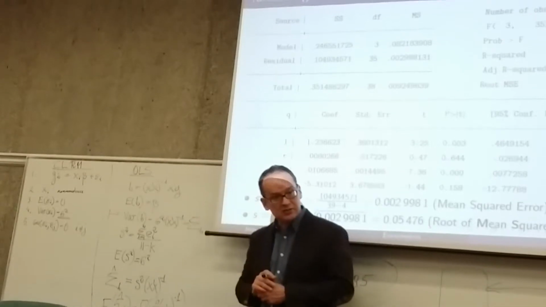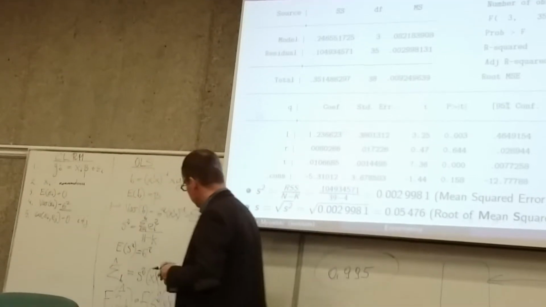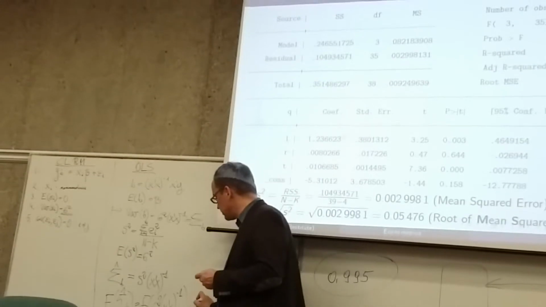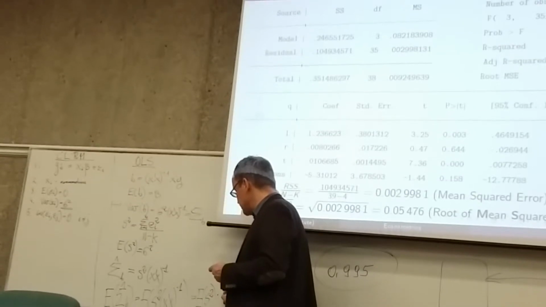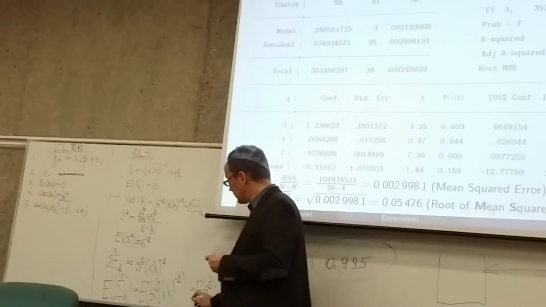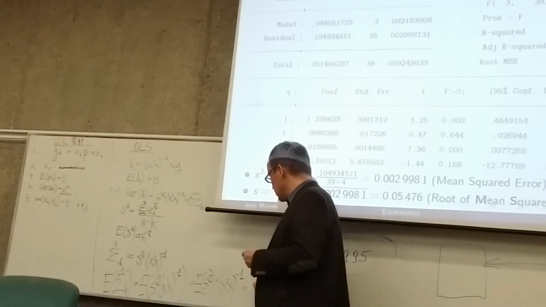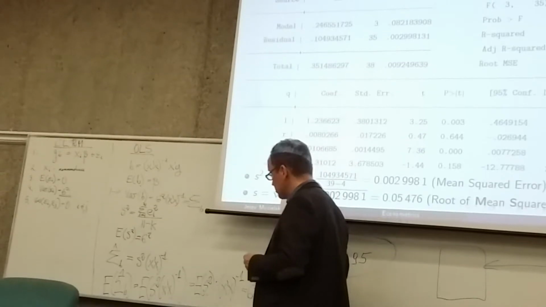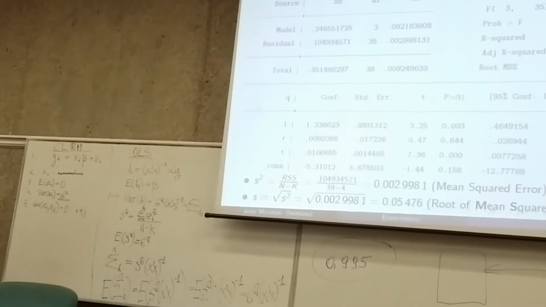But now x prime x inverted is non-random because x's are non-random, so the function of x's is also non-random. So this is equal to the expected value of s squared times x prime x inverted. But we already know that the expected value of s squared is equal to sigma squared. So we have sigma squared x prime x inverted. So indeed, this estimator is an unbiased estimator of the variance-covariance matrix.